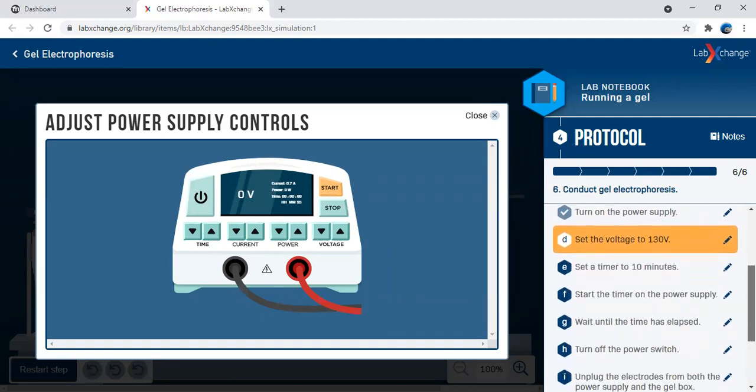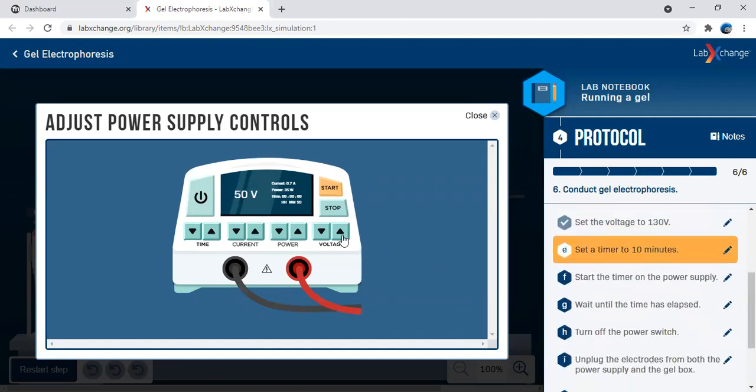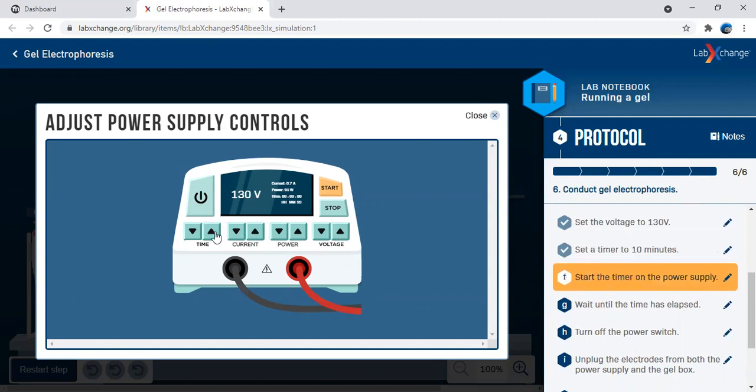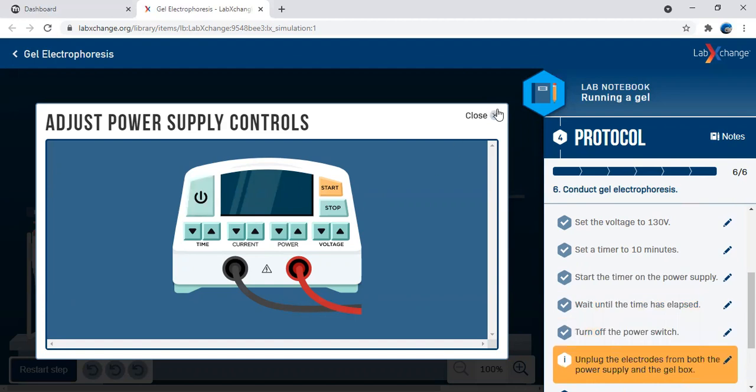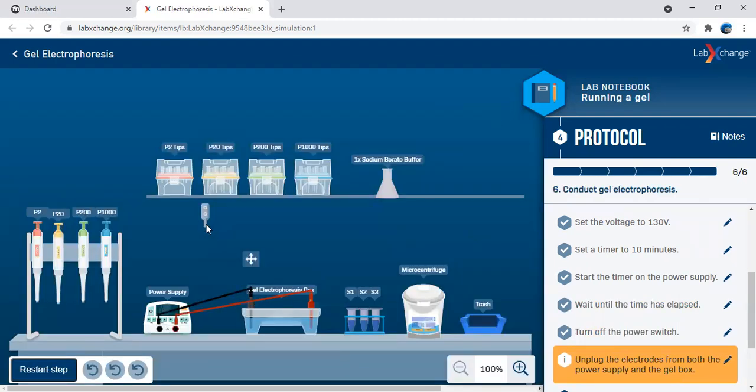Set the voltage to 130. Set the timer to 10 minutes. Okay, start the timer. Wait until time has elapsed. Turn off and unplug the electrodes.